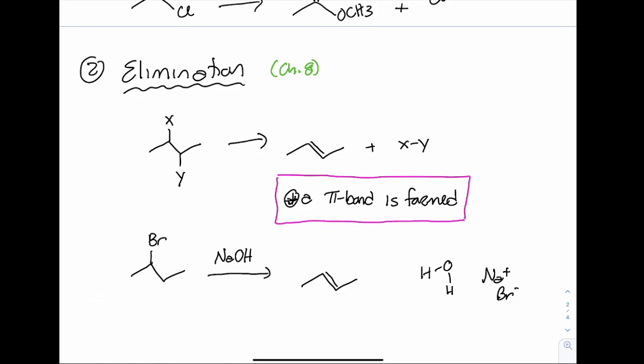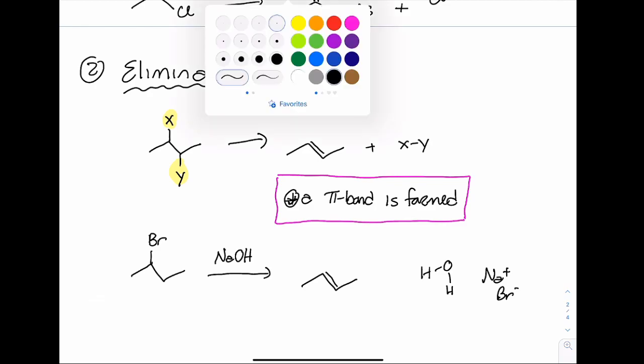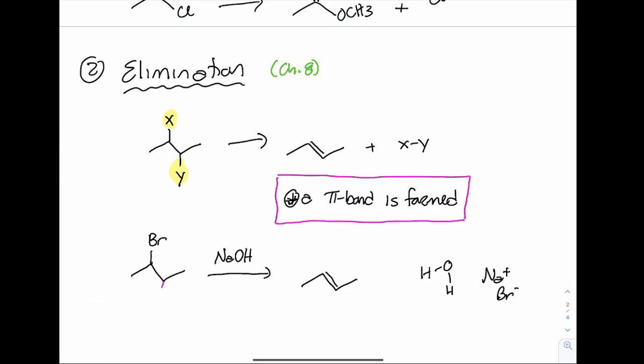So if we go up and we look at my little generic example, I removed 2 things. And in this one, I did also remove 2 things. It just doesn't necessarily look like it, right? There's 2 hydrogens. You can color code them on this carbon, right? It's sp3 hybridized. And then over here, because it's now sp2 hybridized, we form that pi bond, it only has 1 hydrogen on it.